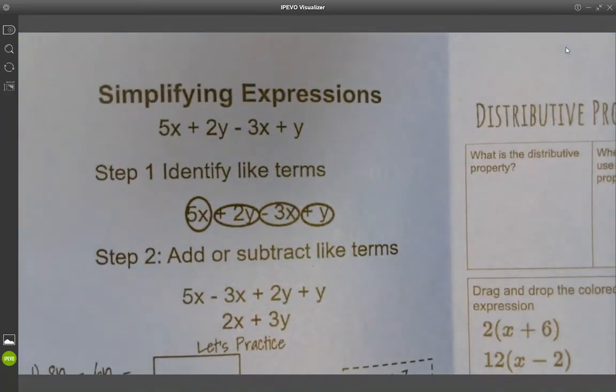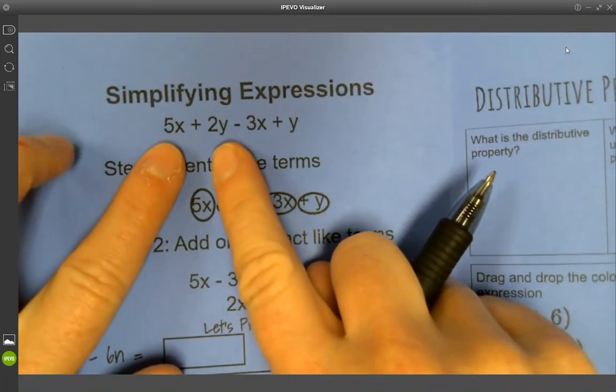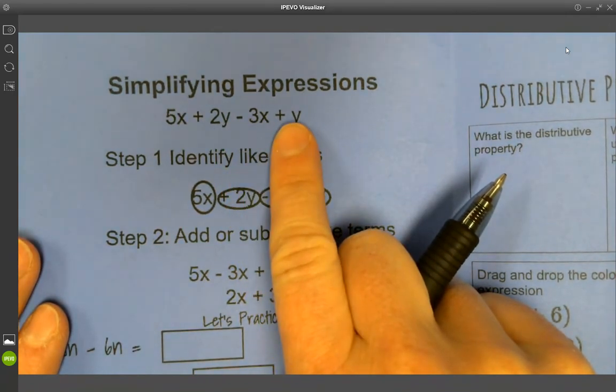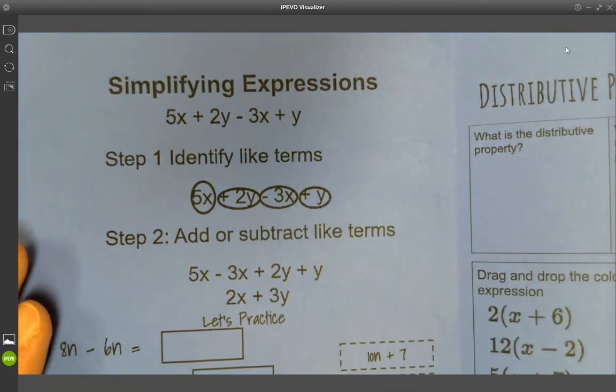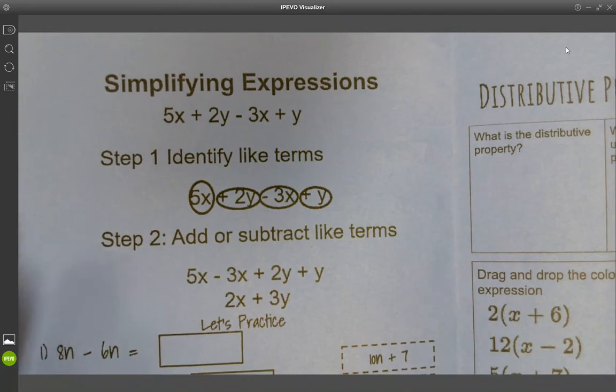Simplifying expressions. So let's get to some work. We've gone over some definitions. Let's get to work now. So if I have 5x plus 2y minus 3x plus y, I'm going to simplify the expression. To simplify the expression, I combine like terms and or distribute.